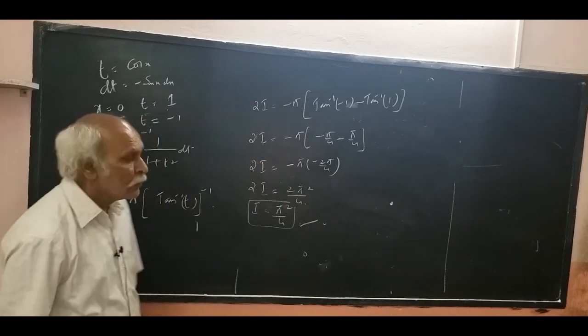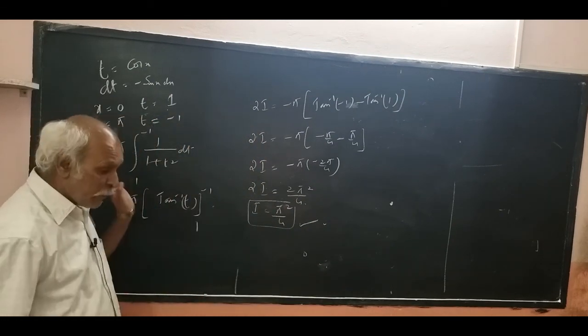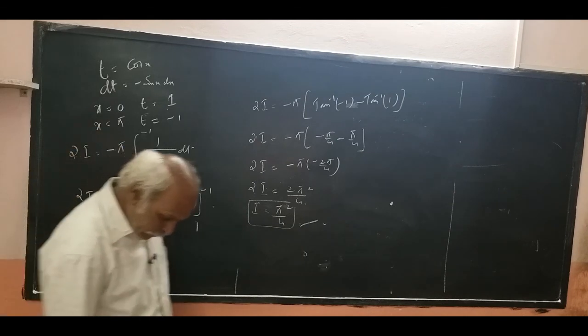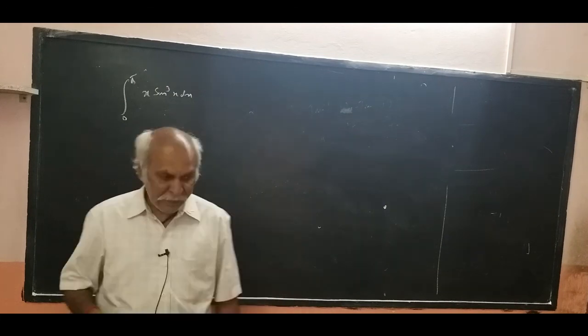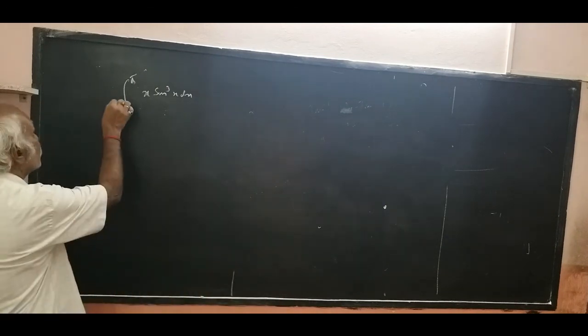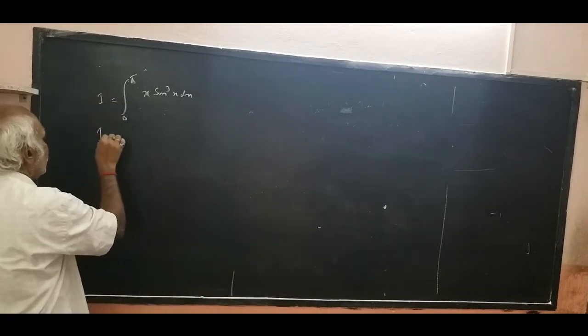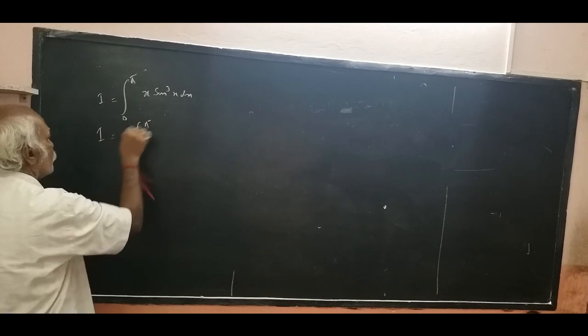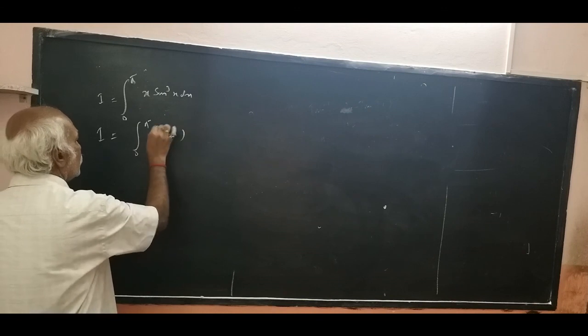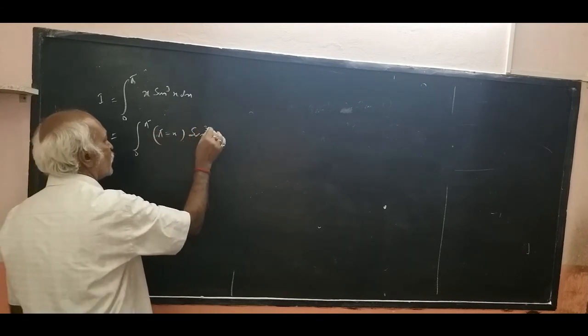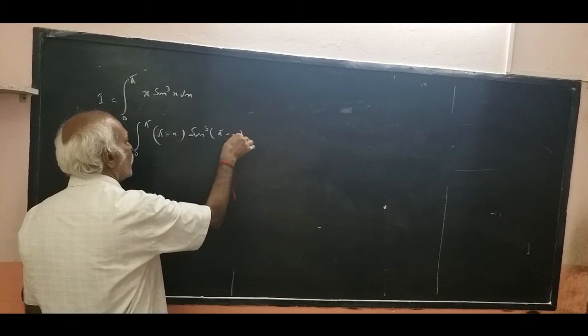Is it clear? So here the integration is very simple, but the part of simplification is very, very important. Please note down this. X sin cube x dx, you call it as I. Again I is equal to 0 to pi, pi minus x into sin of pi minus x dx.